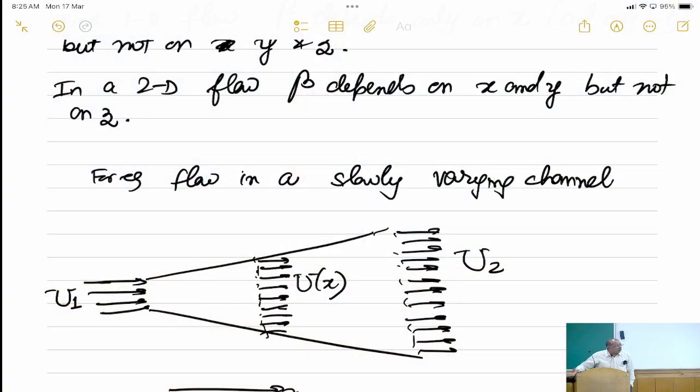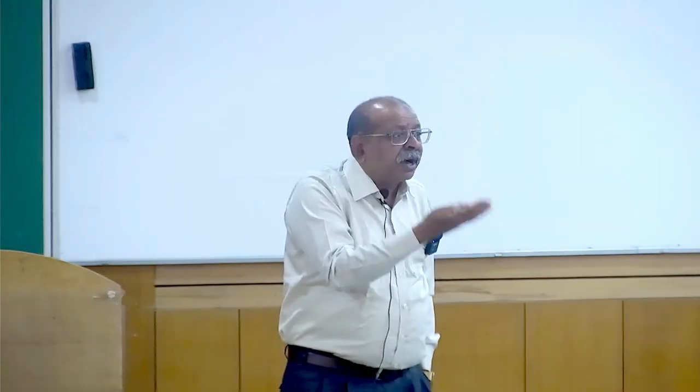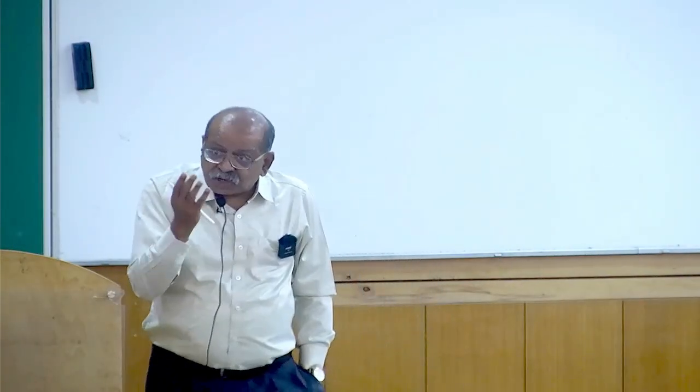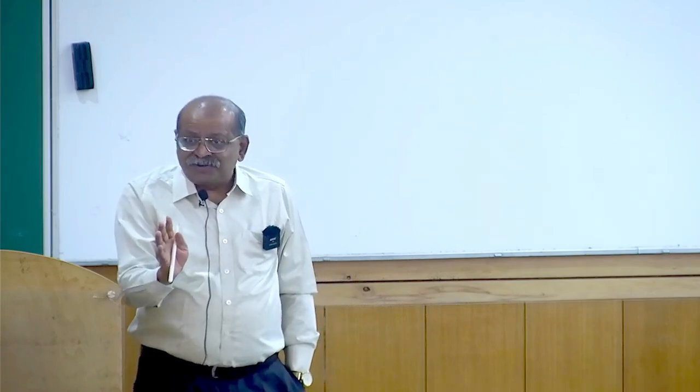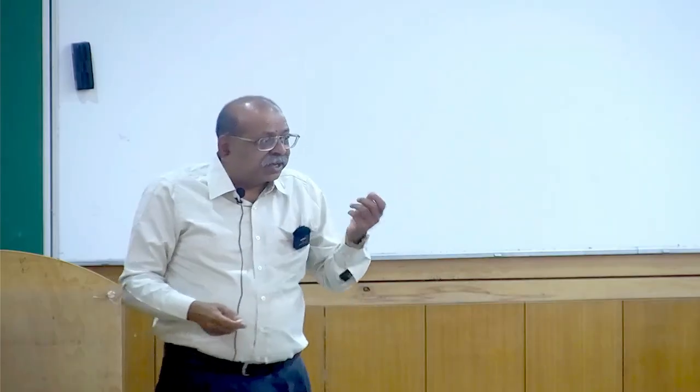As it moves down, its velocity becomes u of x, which is probably a specified function. And at the end, it becomes u2. So is the velocity of the particle changing with time or not? It is. So therefore, the acceleration of the particle is not zero. Even though this is steady flow, the acceleration of the particle is not zero.